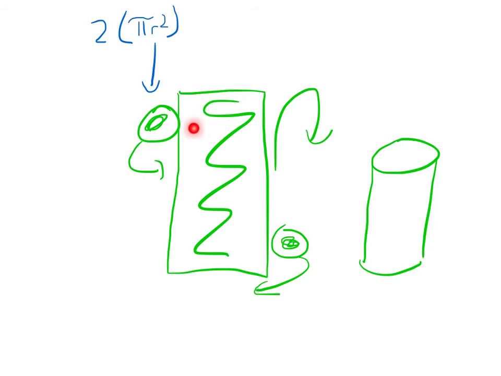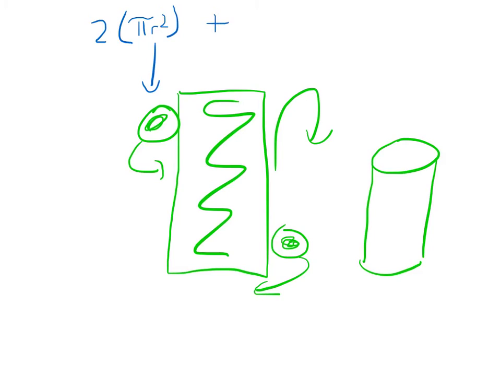Now, to figure out the area of this shape, you can say, oh, that's length times width. But the problem is we didn't measure that, but we can figure out the circumference. This edge should match this circumference because that paper goes all around the edge.